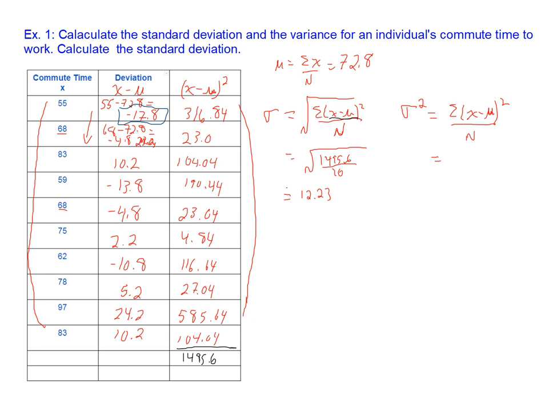We got 1,495.6. That's a 5, not a decimal. And then we're dividing by 10. So we get a variance of 149.56. Just a reminder, this is the variance. And this is the standard deviation.